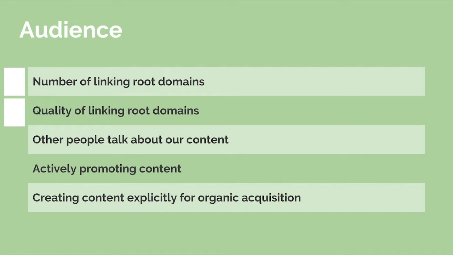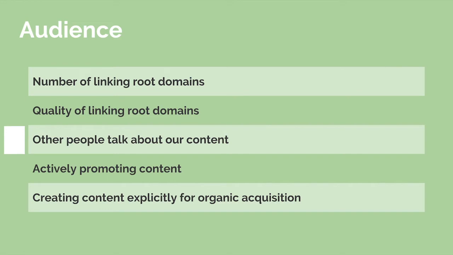I want to see that BuzzFeed is an authoritative domain that has linked to us. And I want to see how many of those domains I have in total, as well as how many of those domains are actually authoritative and essentially have a good reputation in Google's eyes.